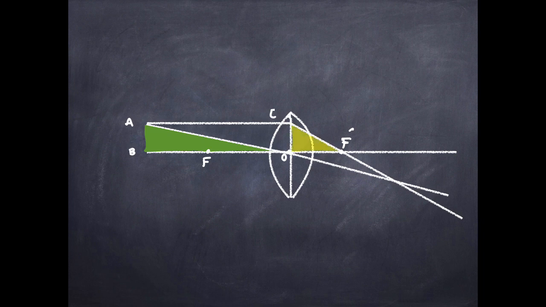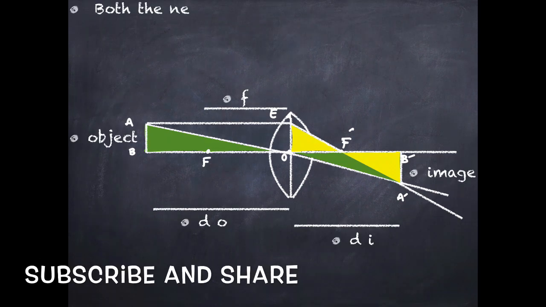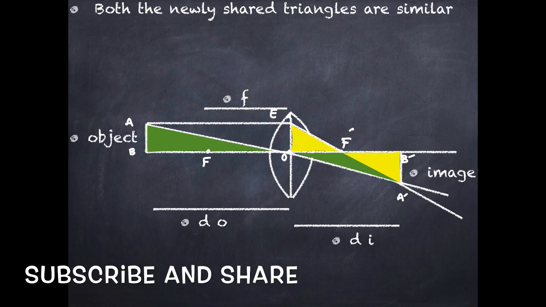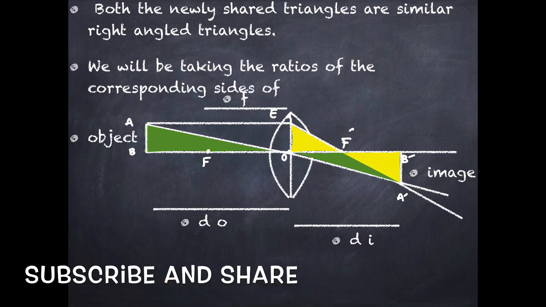Now we are going to consider two more triangles, shaded in yellow. Both these triangles are also similar right-angled triangles, and we compare their corresponding sides. The opposite side of triangle 1 is compared with the opposite side of the other triangle, and the adjacent side of one triangle is compared with the adjacent side of the other triangle.